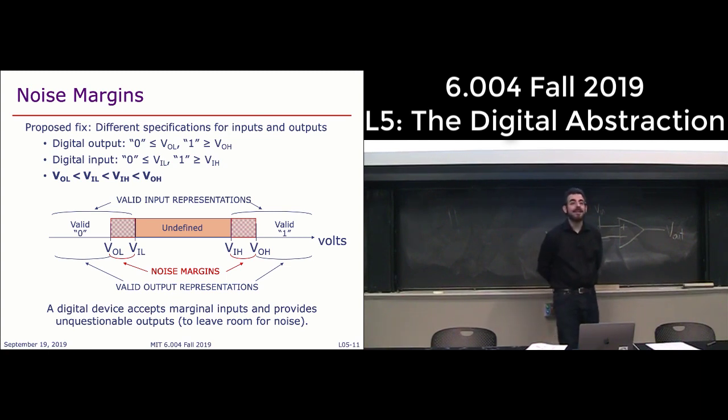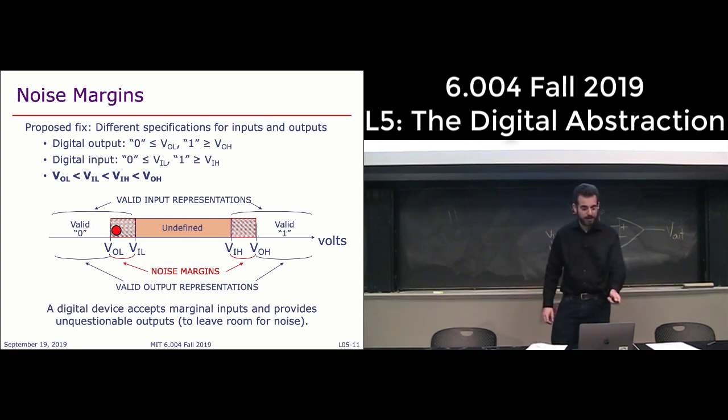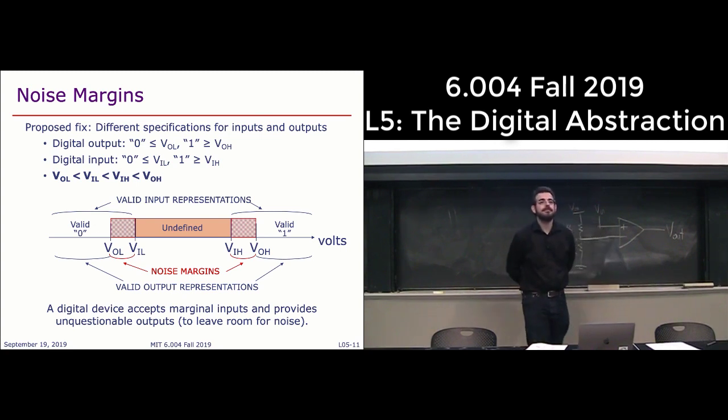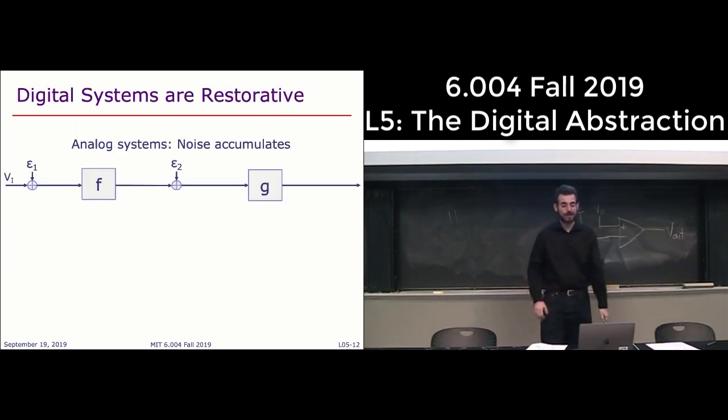Just to summarize, a digital device must take marginal inputs that are almost undefined, almost not valid, and then produce unquestionable outputs that are within this narrower range of 0 to VOL and VOH to VDD. So you're taking inputs that are almost bad and turning them into good outputs. And that is going to require something of the system. We'll see in a second what that is.